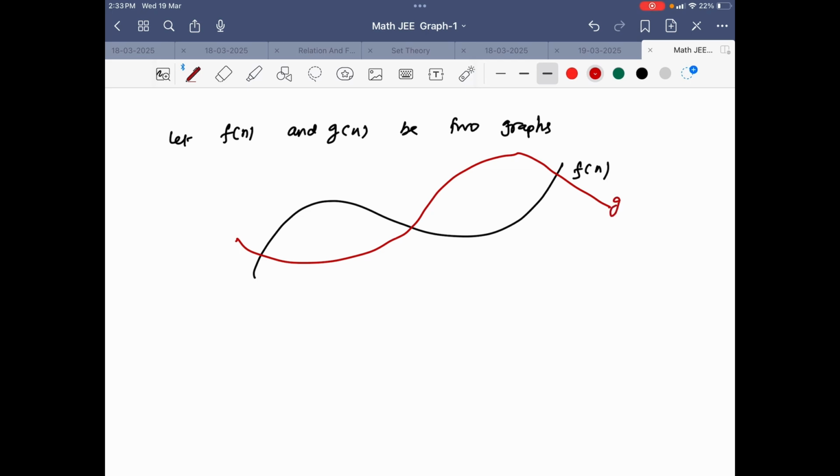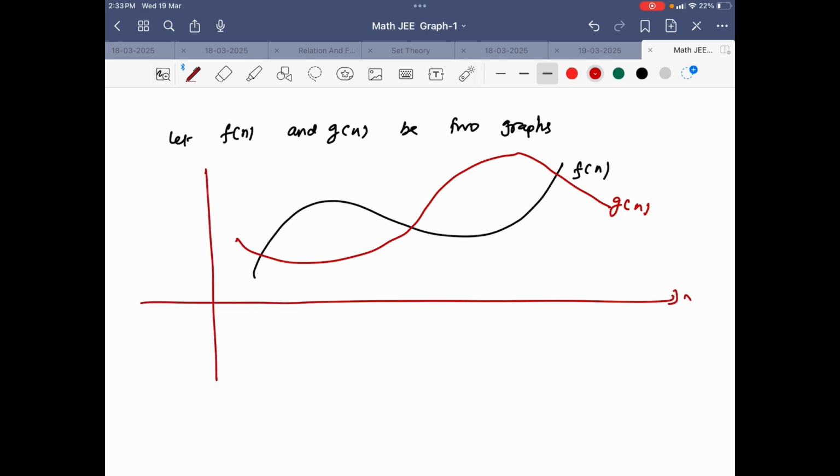This is g(x), right? This is the x-axis, this is the y-axis, and let's take these points as a, b, c.